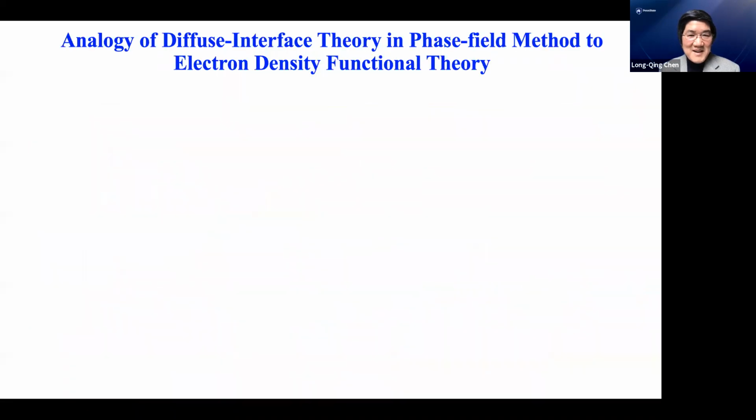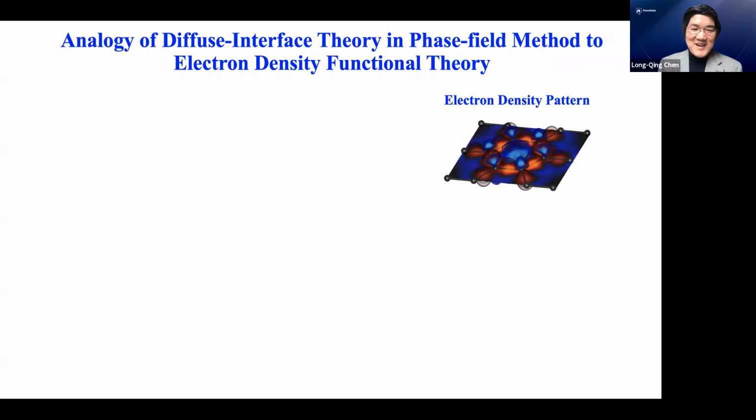I'm showing one slide because this whole phase field method utilizes what we call the diffuse interface description. So the interfaces between different phases or different grains are not mathematically sharp. They exhibit gradual changes in the fields.